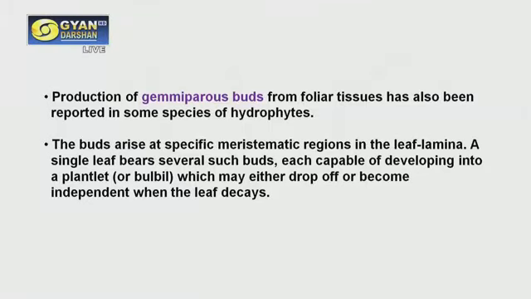Viviparous buds develop from the foliar tissues, and this also has been reported in certain hydrophytes. So the take-home lesson is that sexual reproduction is almost rare. The chief method of reproduction is vegetative reproduction.